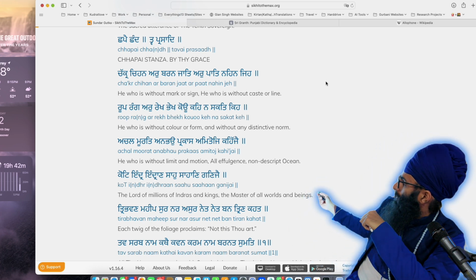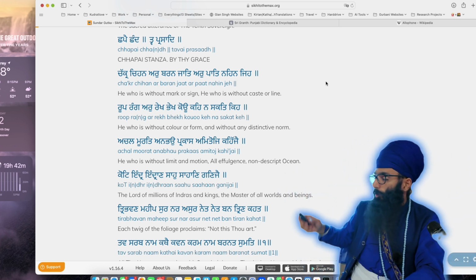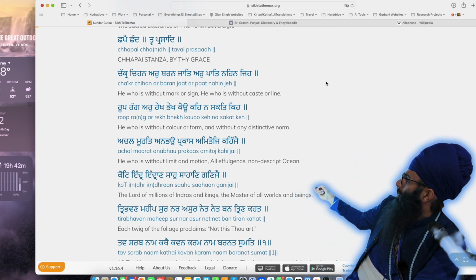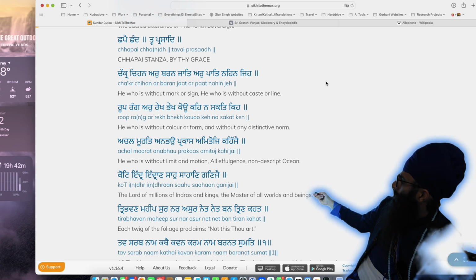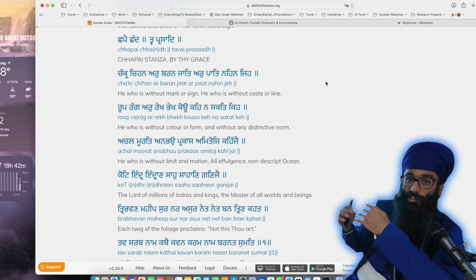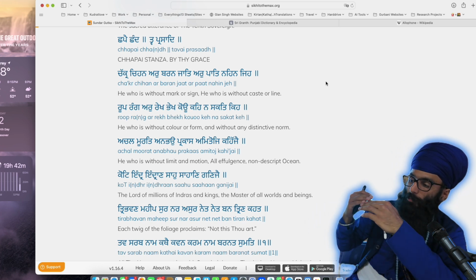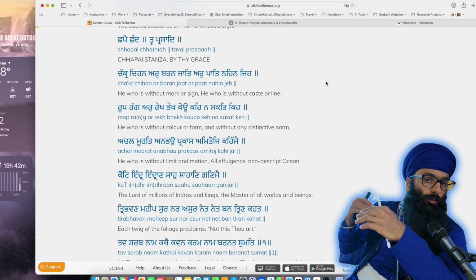All of Jaap Sahib will be a combination of languages. So far though, these 2 lines are mostly Braj. Braj can also be classified as Western Hindi. So it's close to Hindi, but it's before Hindi. It was made before Hindi.